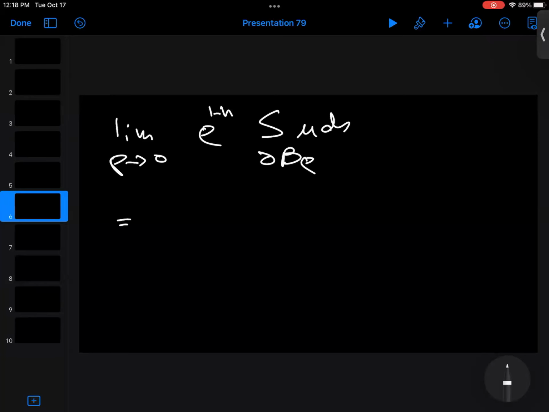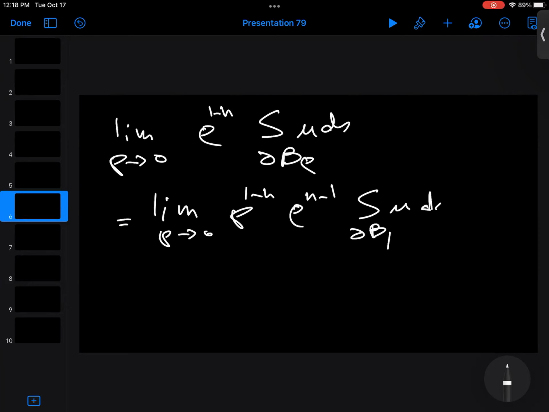The other thing that appears in the theorem is the area of the unit sphere. So I'm going back to the unit sphere, and I have a factor of rho n minus 1, but here I change, and now I'm integrating over the ball of radius 1.